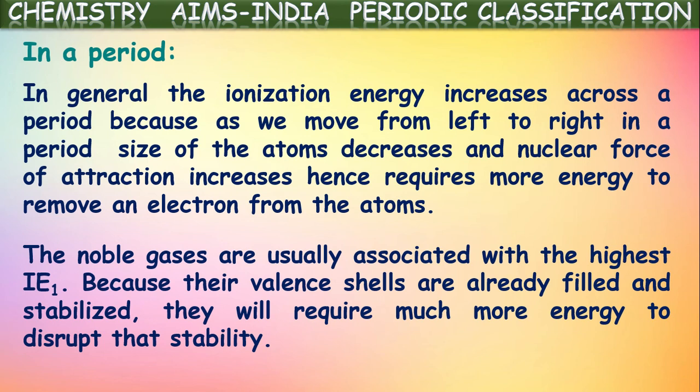We know these noble gases are at the extreme right side of the periodic table, and they have a completely filled outermost shell, that we say octet or duplet configuration, isn't it? Because of this, the removal of an electron from these elements becomes very difficult, because a high amount of energy should be supplied to disrupt this octet or duplet configuration. Hence, their ionization energies are highest in a period.